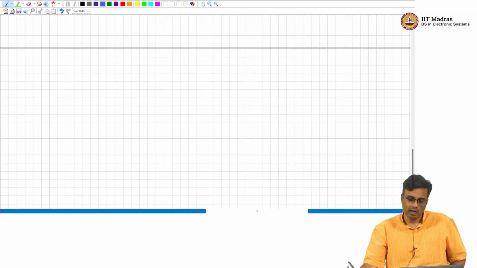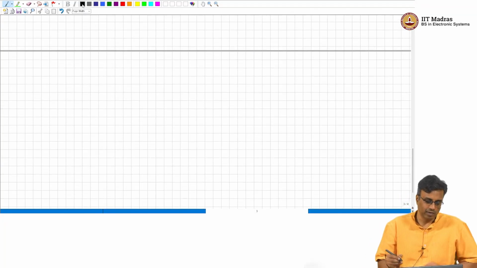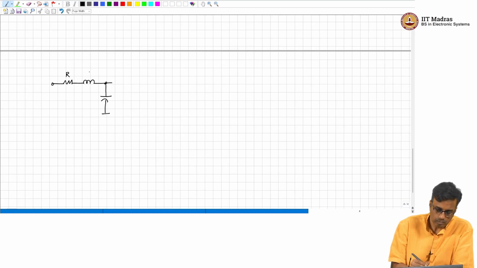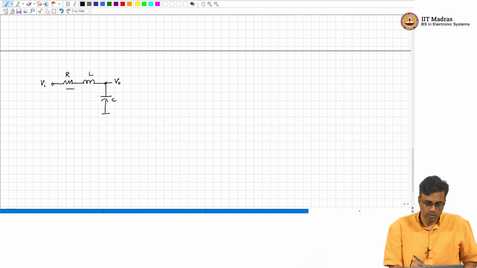Now with this, let's try and figure out how to realize the filter. We will proceed exactly in the same way as we did with the first order prototype. So, this is Vi, this is Vo.